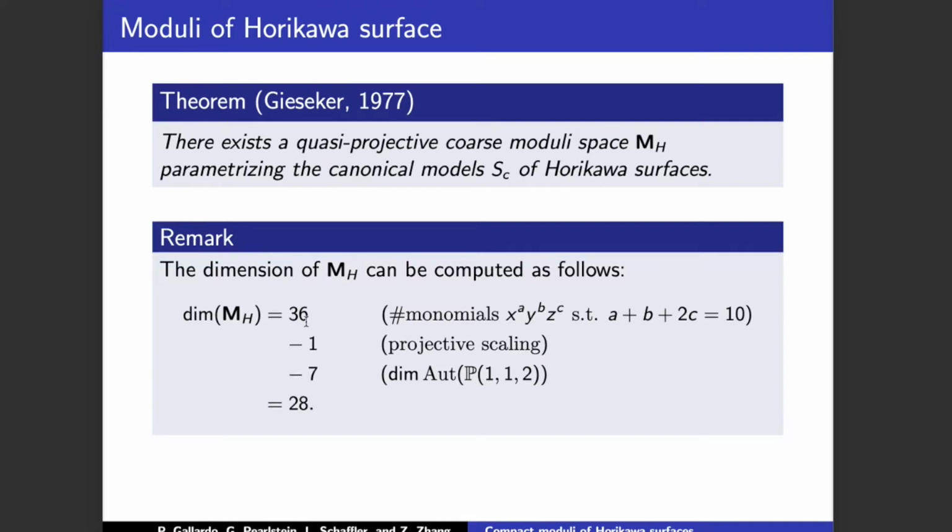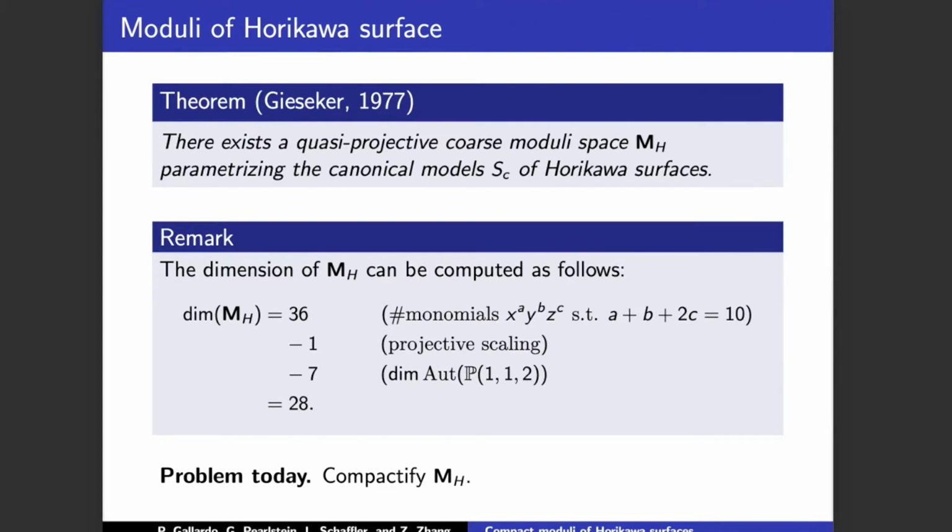Quick enumeration gives you that we have 36 of them. Then we subtract 1 because of projective scaling. And finally, we subtract 7, which is the dimension of the automorphism group of P(1,1,2). Putting everything together, we get that M_H is a 28-dimensional moduli space, which is fairly high dimensional. And at the center of today's discussion will be the problem of compactifying this moduli space, M_H.